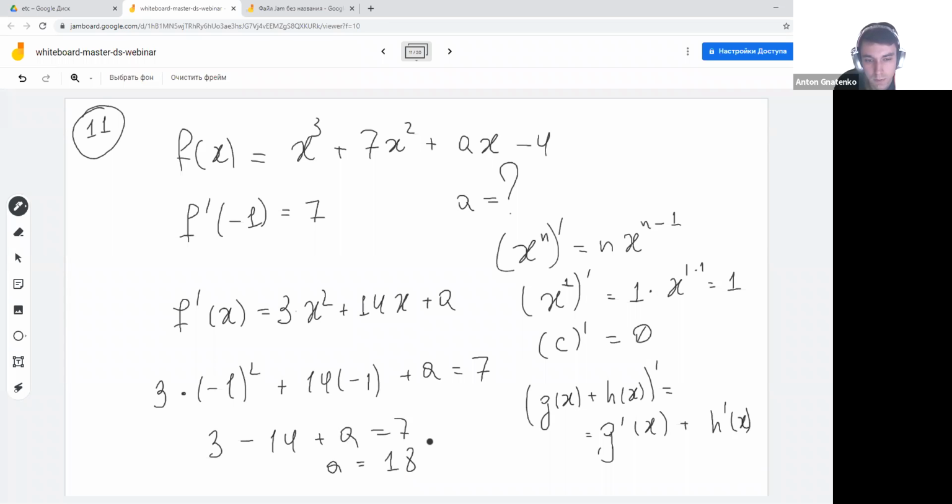It would be 21 minus 3, 18. So this problem just checks if you know the basic rules of computing derivatives.